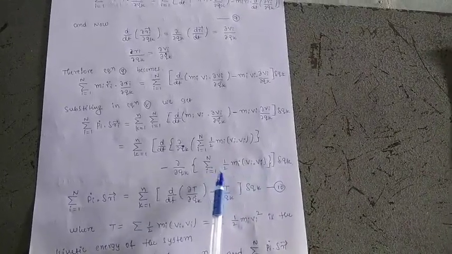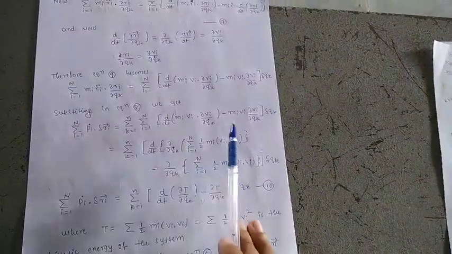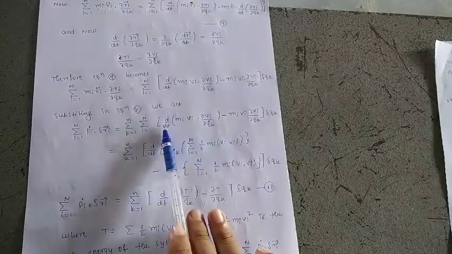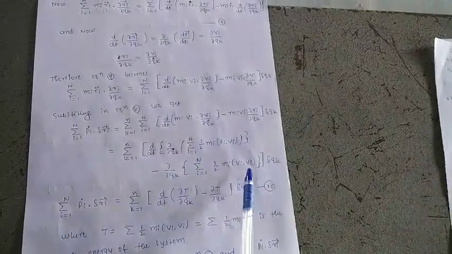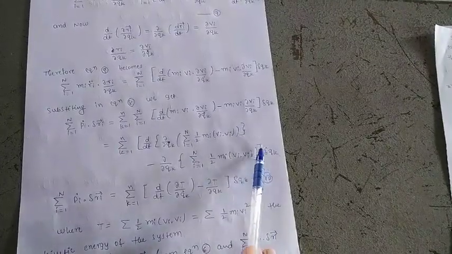After we differentiate, the square and the 2 get cancelled. Same, after differentiation of this we get this equation. That's why we can take 1/2 mi Vi into delta qk.